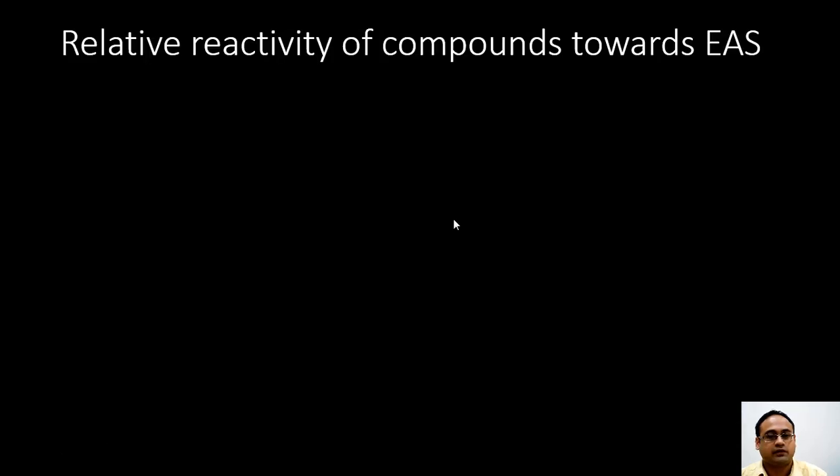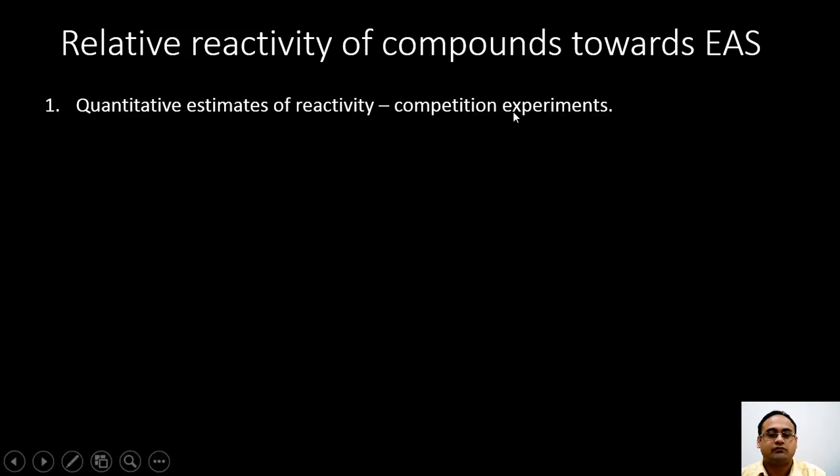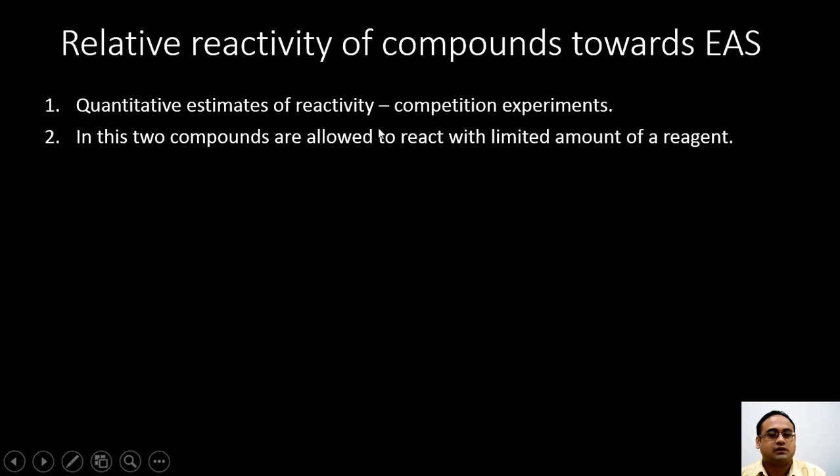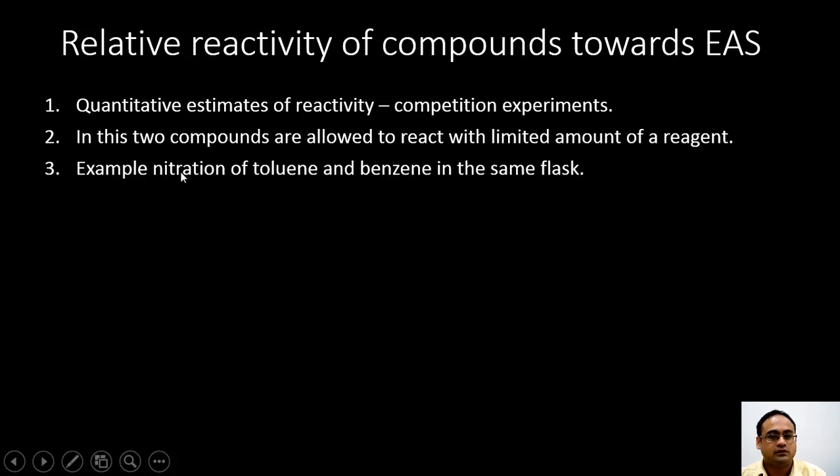We can get a further understanding about relative reactivity of different compounds toward electrophilic aromatic substitution. For this, we will have to do competition experiments. In these experiments, two compounds like benzene and toluene or benzene and nitrobenzene are allowed to react with a limited amount of reagent. For example, if you perform nitration, the reaction flask in which you have already added toluene and benzene, that means both the compounds are present in the same flask, and then you add only one equivalent of the nitration mixture.